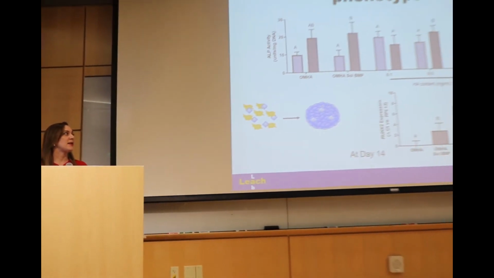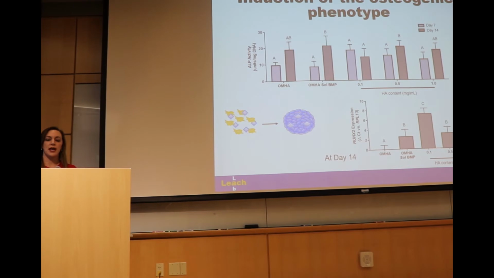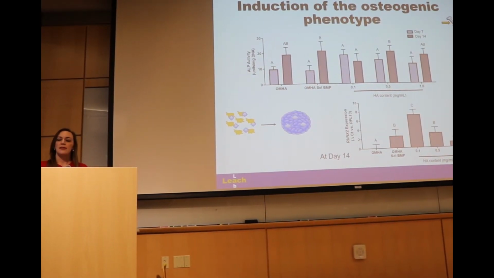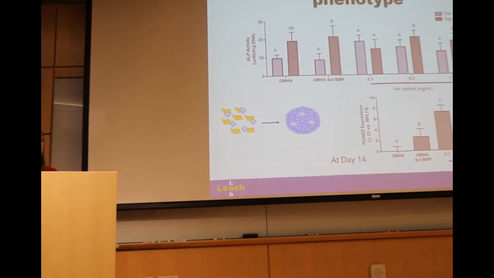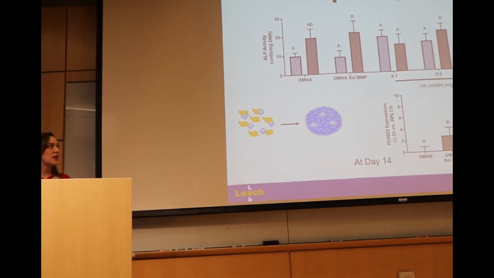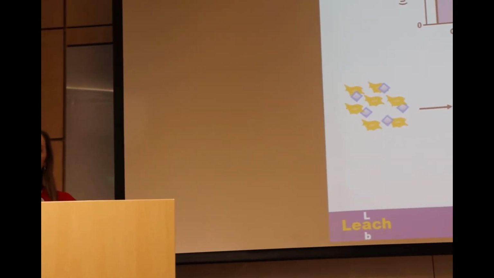Finally, when looking at the ability of these instructive cues to initiate or induce that osteogenic bone phenotype, we looked at alkaline phosphatase activity, or ALP. This is a mid to late marker for osteogenesis, and what we see from day 7 to day 14 is an increase using our BMP2 loaded HA in specifically the 0.5 to 1.0 milligrams per mil.